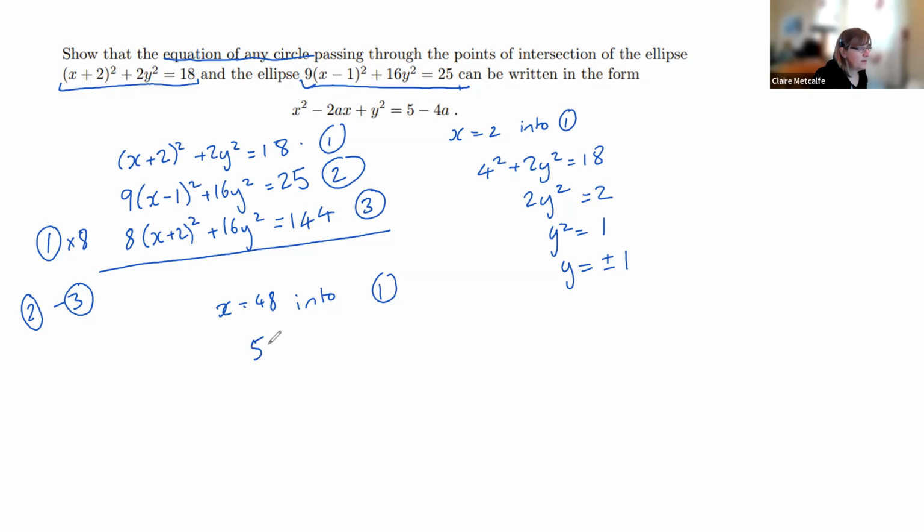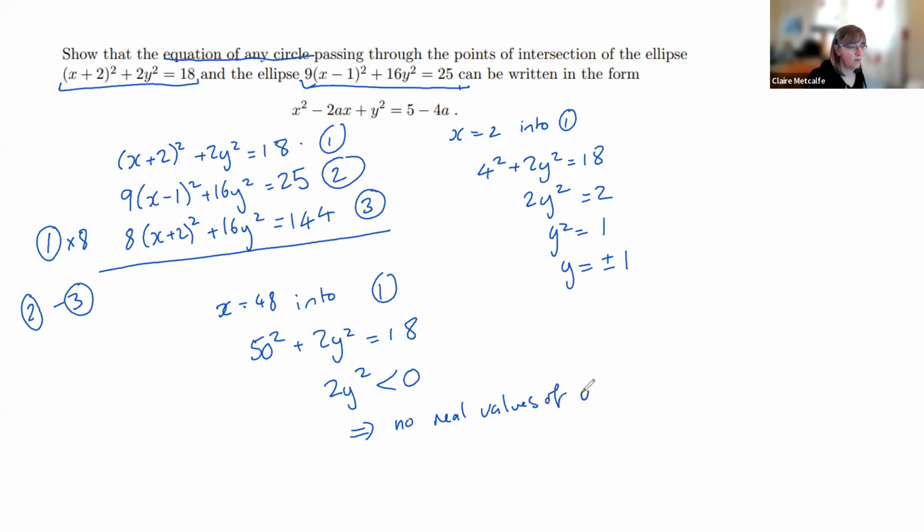This will give me 50 squared plus 2y squared equals 18. This gives me 2y squared is something which is negative, and we're looking at points of intersection in the normal plane. We want to keep things real. So this is no real values of y. So we have 2 points of intersection, x equals 2, y equals plus or minus 1.